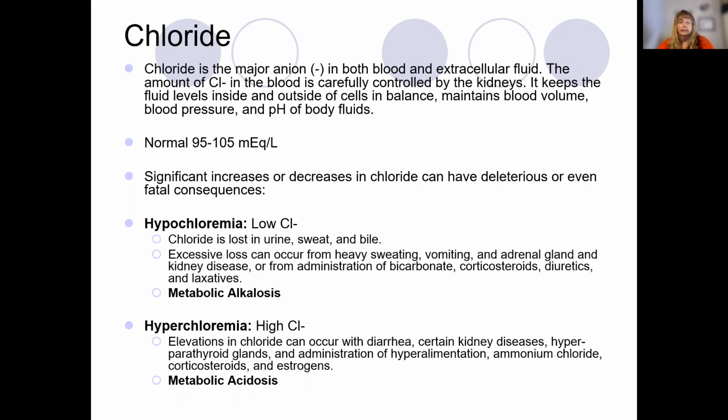Hyperchloremia, or high chloride levels, can occur with diarrhea, certain kidney diseases, hyperparathyroid glands, or administration of hyperalimentation, ammonium chloride, steroids, and estrogens. So this would present as a metabolic acidosis.